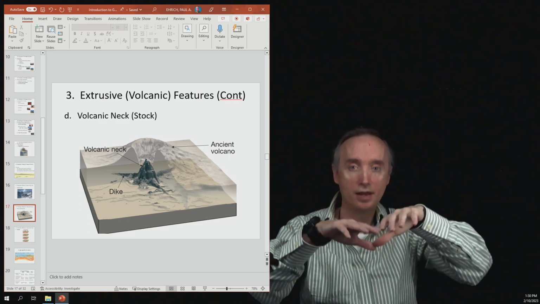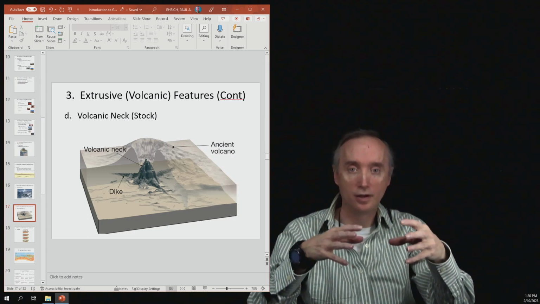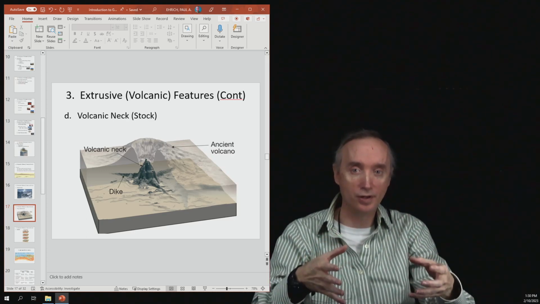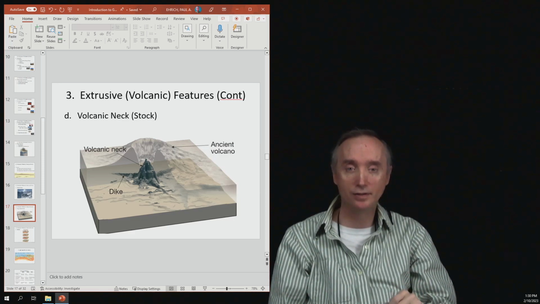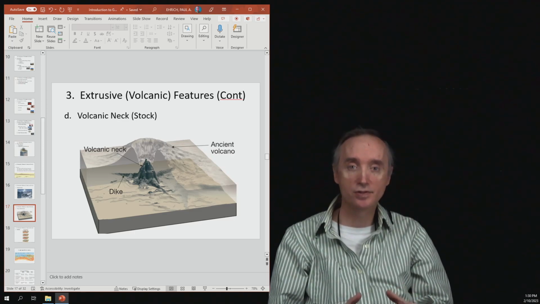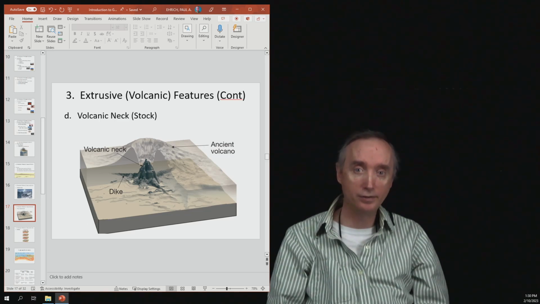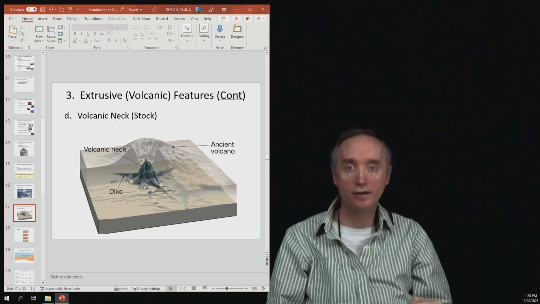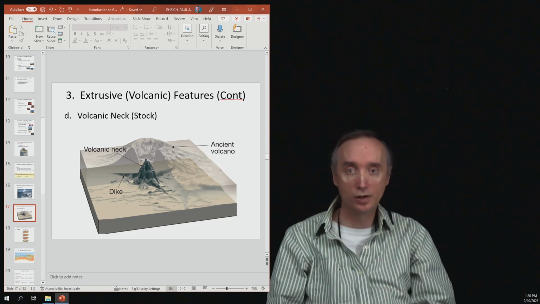The material that is surrounding the pipe is going to be composed of pyroclastic debris that is less resistant to rain and snow and wind and ice. And so that stuff, the original volcano, can be eroded away, and then what's left is the interior of the volcano, which we call the volcanic neck or the volcanic stalk.